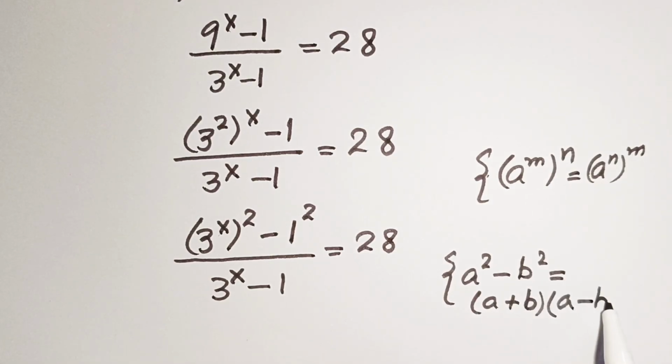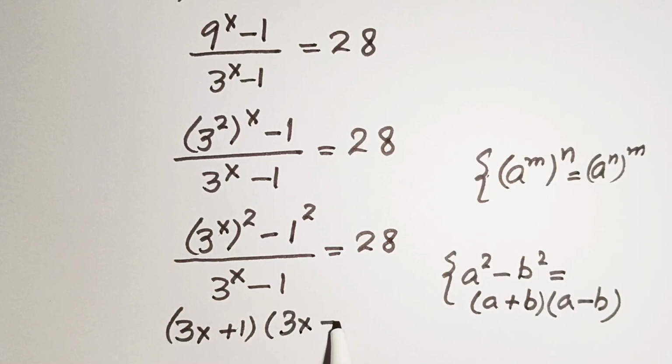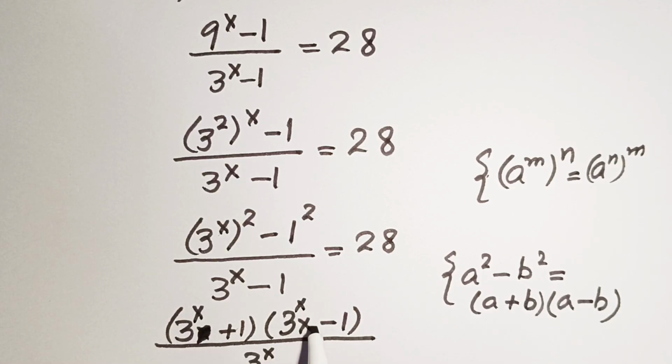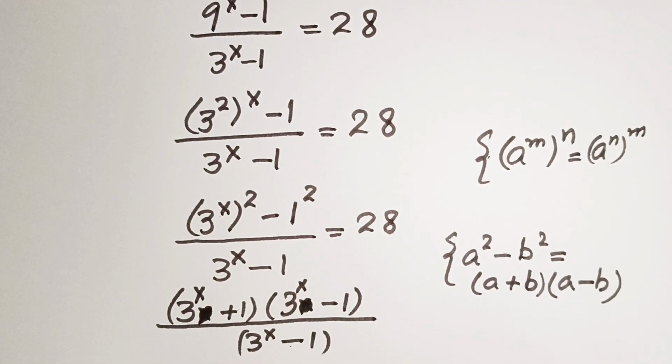Using the same law in our numerator, we have (3^x + 1)(3^x - 1) all over 3^x - 1. Cancelling 3^x - 1 with 3^x - 1, we get 3^x + 1 is equal to 28.